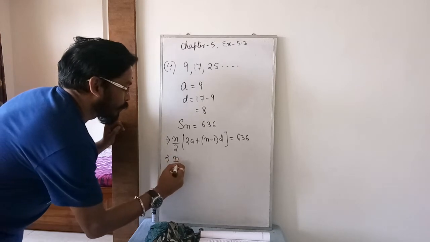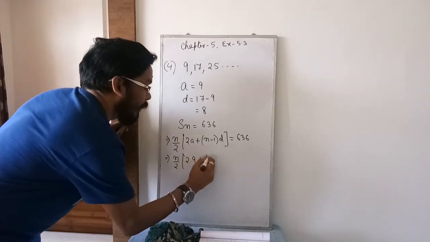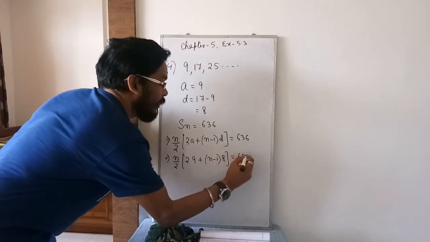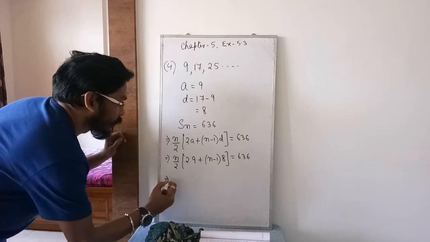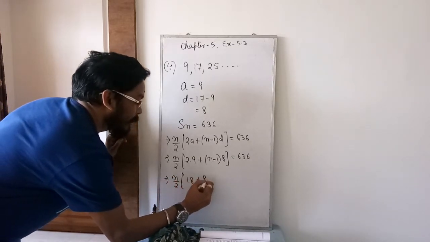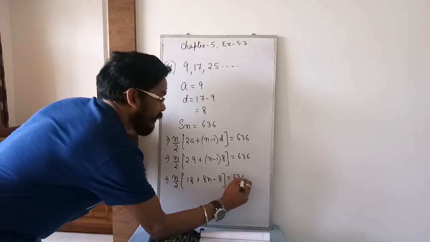So n by 2, 2A is 18, n minus 1, D is 8, equal to 636. So it is n by 2 into 18 plus 8n minus 8 equal to 636.